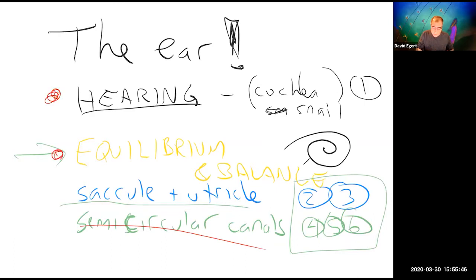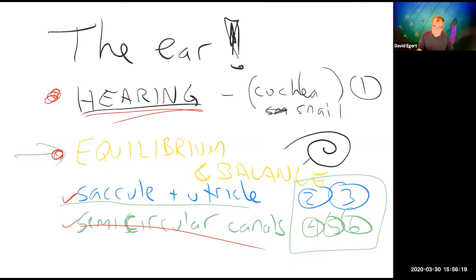So hearing, equilibrium, and balance. We're going to look at all of these. To introduce this, the thing they all have in common is they all ultimately rely on mechanotransduction, kind of having some physical movement that then creates an electrical signal. If we're talking about hearing, the mechanical movement is ultimately the vibration of your eardrum, which is going to get converted into electrical signals that go to your brain and you perceive as sound.